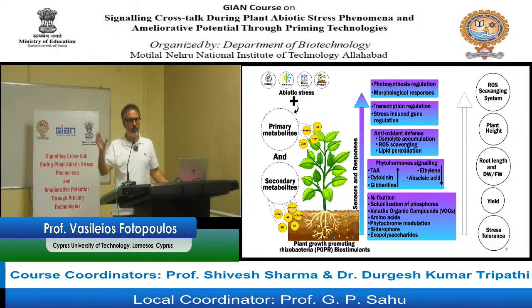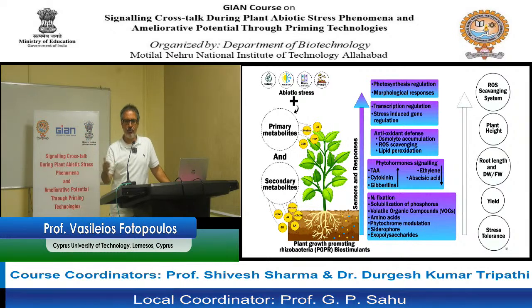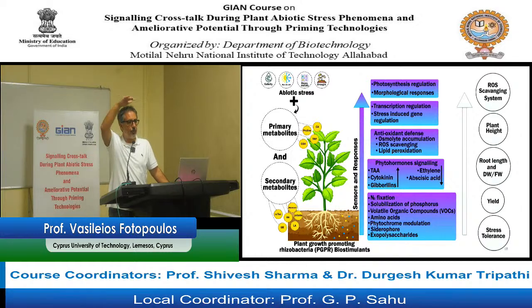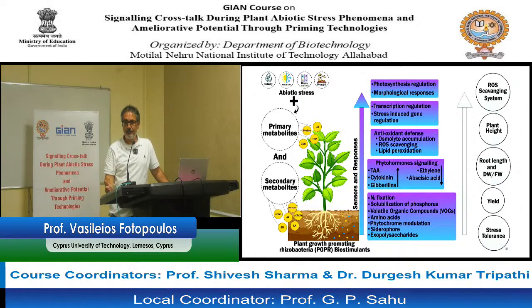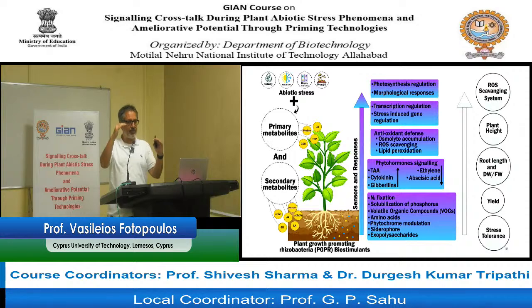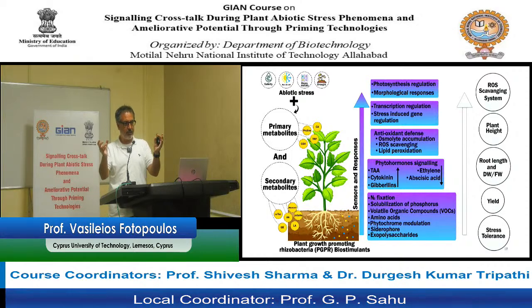This is not only in cases of such stresses, this is also in cases of suboptimal conditions, such as for light. You have the growth of shade-tolerant plants. Shade-tolerant plants can actually grow very nicely, for example, under the canopy of tall trees. How do they do that? In addition to biochemical alterations, mainly in the photosystem 1 and photosystem 2 centers in the cell, they also have, for example, much thinner mesophyll.